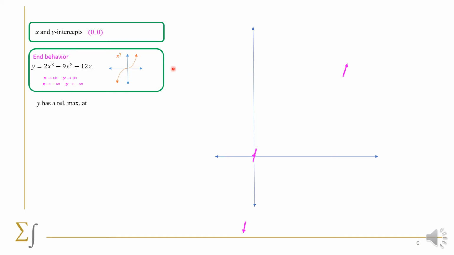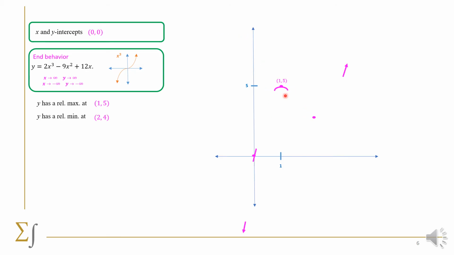Next, we move to the relative maximum that y has at the point (1, 5). So we put the (1, 5) on our xy plane, and we put this U shape to say that this is representing a maximum. Now, here's the (1, 5). In a similar way, we put the (2, 4) on our graph.